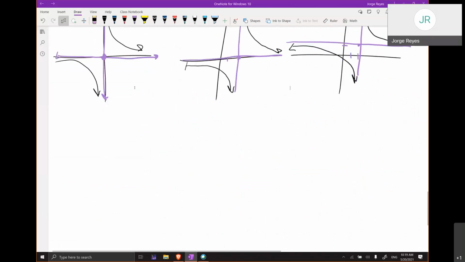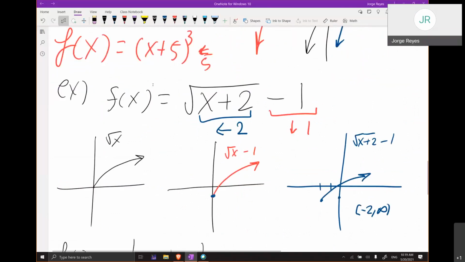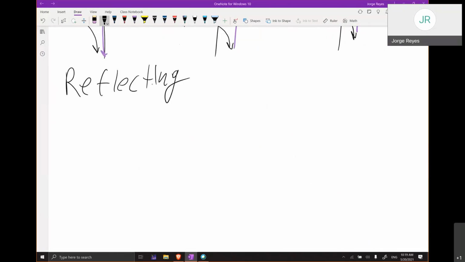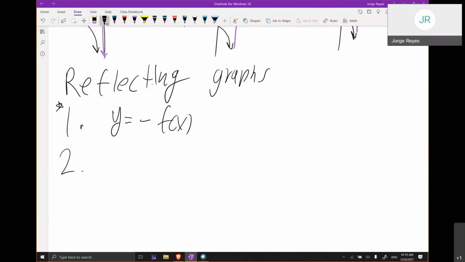Alrighty then. So now that we can move stuff, we have to do another very important one, and this one is reflecting. So reflecting graphs. Again, there's 2 rules. Really number 1's the most important: if you have a minus sign, you reflect.